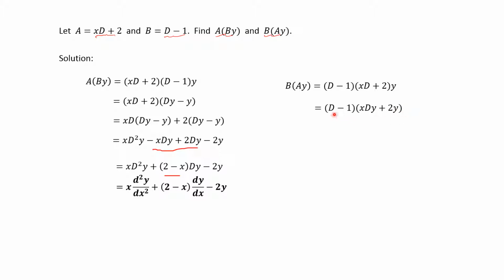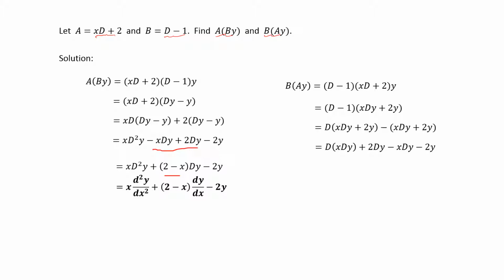Then you will have to distribute D to xDy plus 2y and distribute negative 1 to xDy plus 2y. So this is D of xDy plus 2y minus 1 times xDy plus 2y. And then you'll have to distribute D to xDy and then distribute D to 2y, that's 2Dy minus xDy minus 2y.